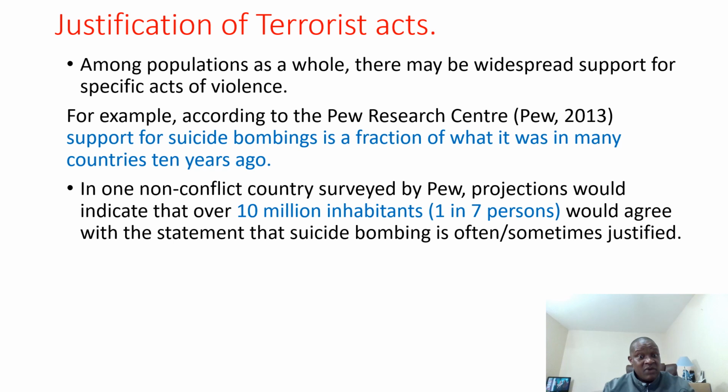In one non-conflict country surveyed by PEW, projections would indicate that over 10 million inhabitants, 1 in 7 persons, would agree with the statement that suicide bombing is sometimes justified. You can just imagine 1 out of 7 people in a population of 10 million inhabitants agreeing that suicide bombing is sometimes justified. And we shall look at these justifications as we move along.